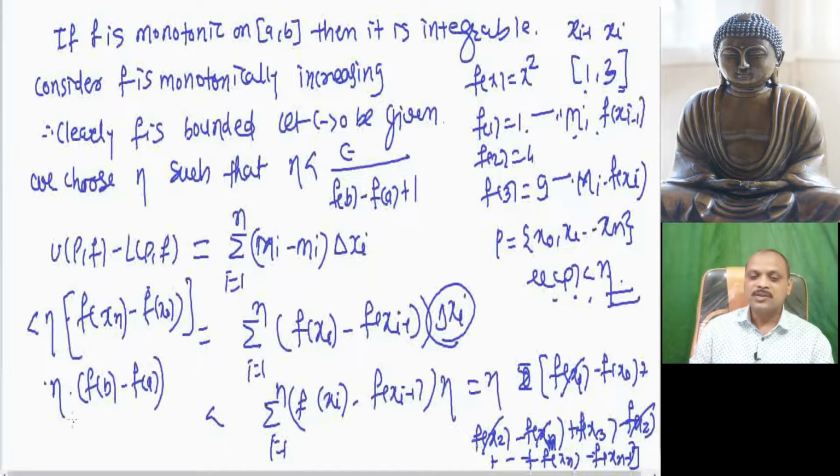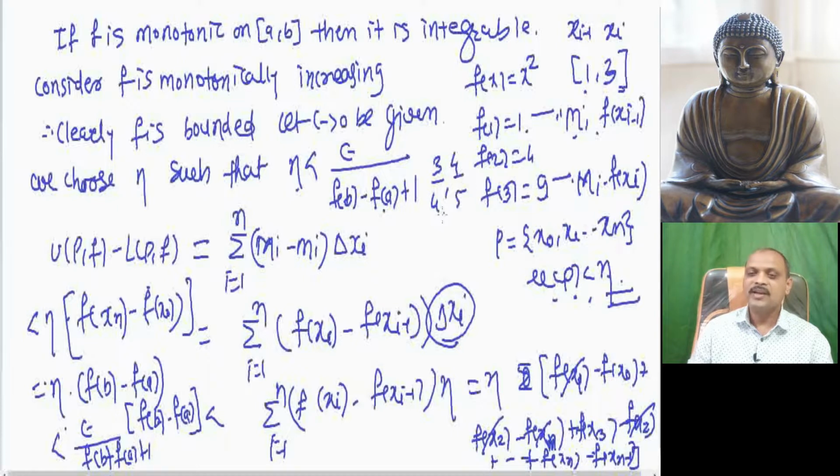Now let us put a greater value for this eta. Eta is less than epsilon divided by f of b minus f of a plus 1, so epsilon divided by f of b minus f of a plus 1, into f of b minus f of a, right? Look at this value, f of b minus f of a divided by f of b minus f of a plus 1, that is like 3 divided by 4, 4 divided by 5, 10 divided by 11, and you can see that this is a fraction value.